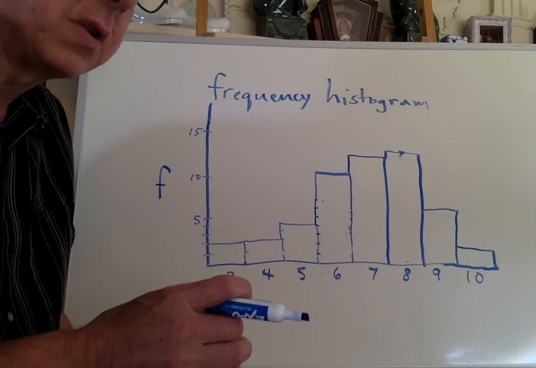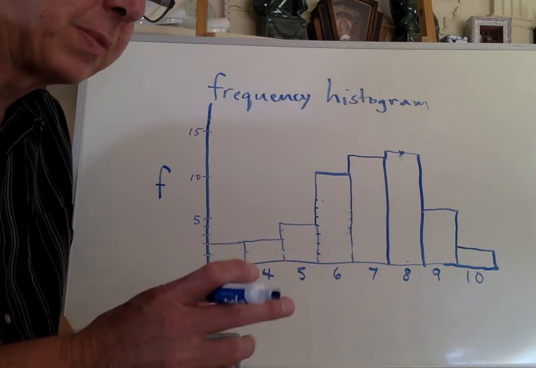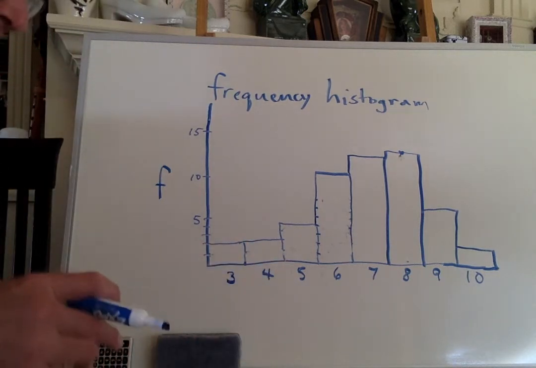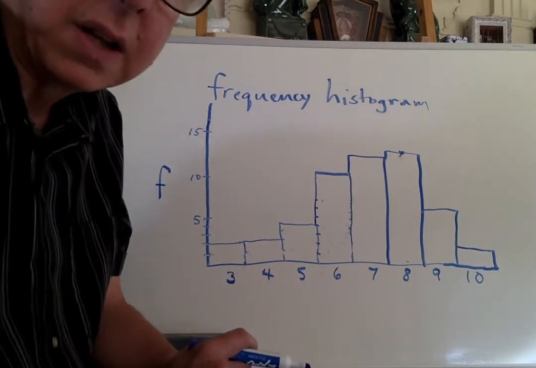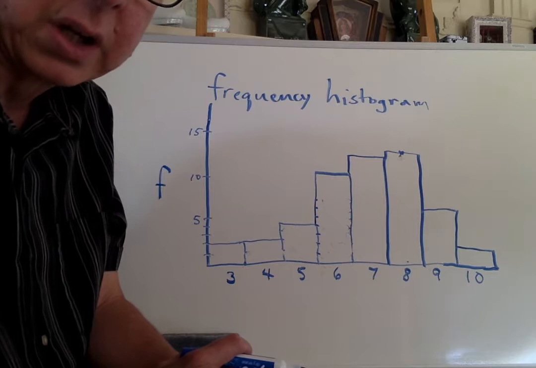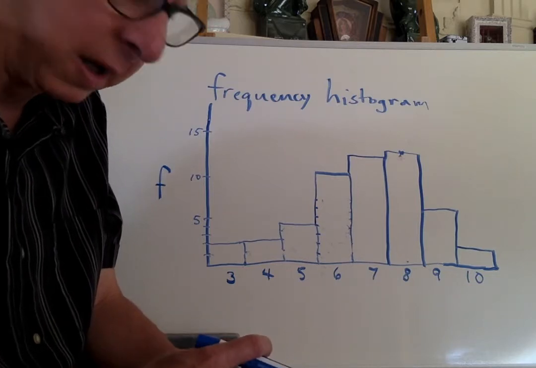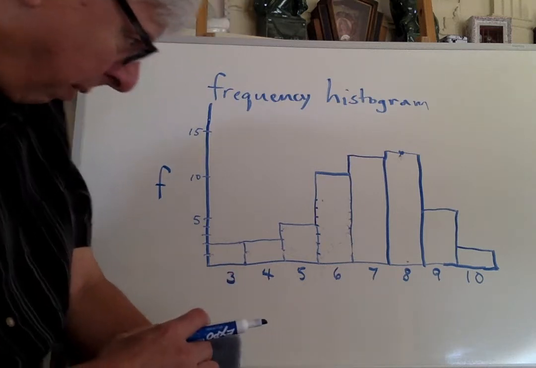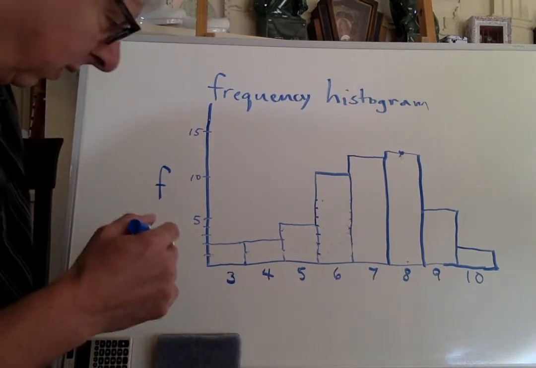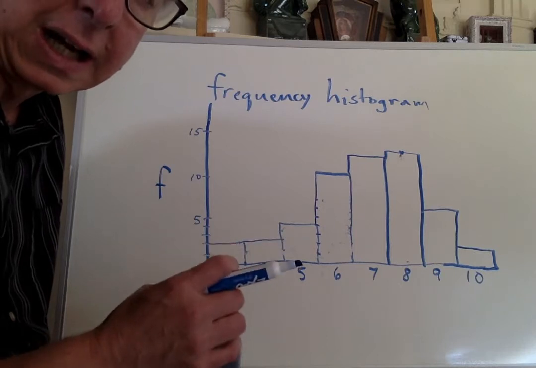I'm also going to talk about something else that I don't particularly like, but that they'll talk about in the book, and we will use it illustratively in a couple minutes, and that is something called a frequency polygon.